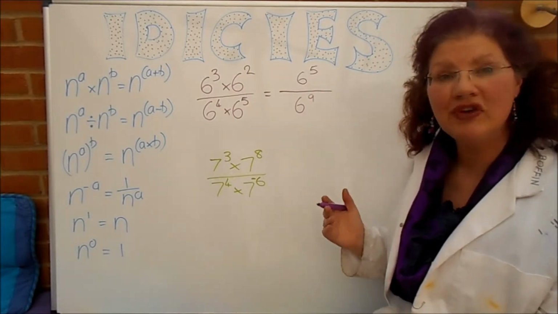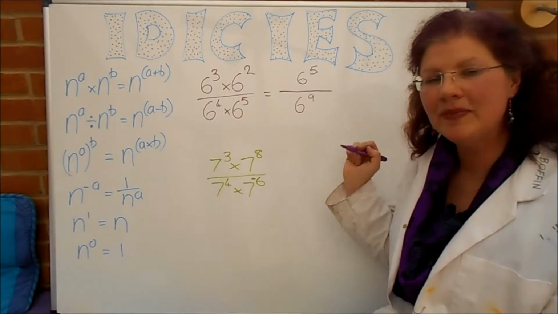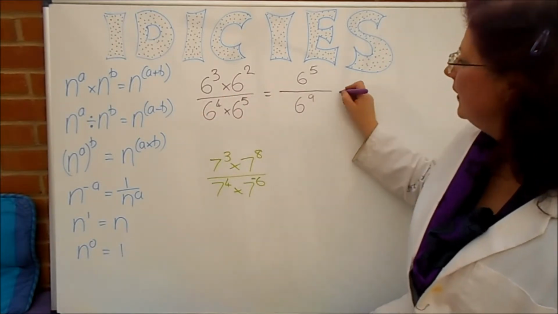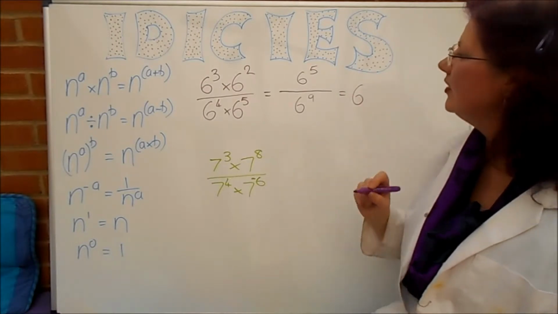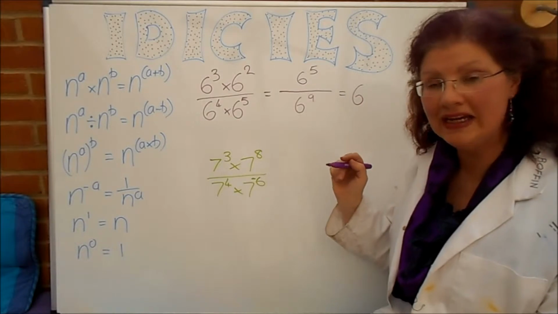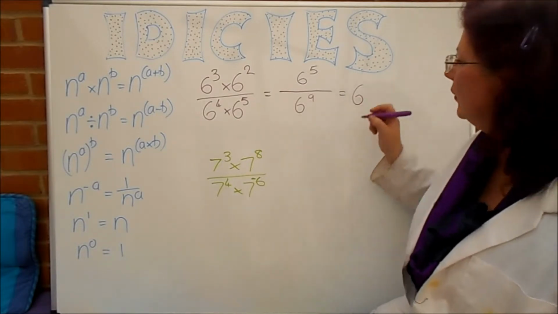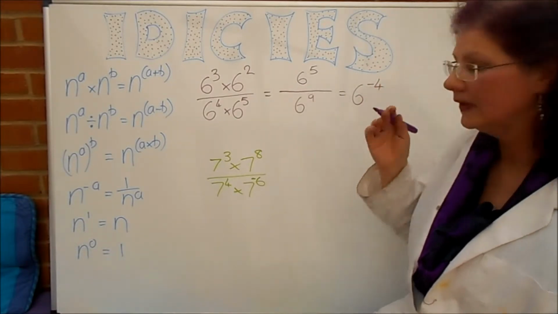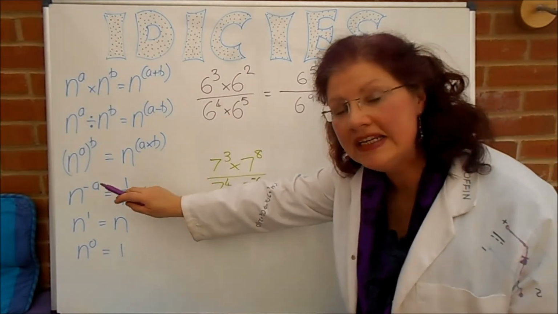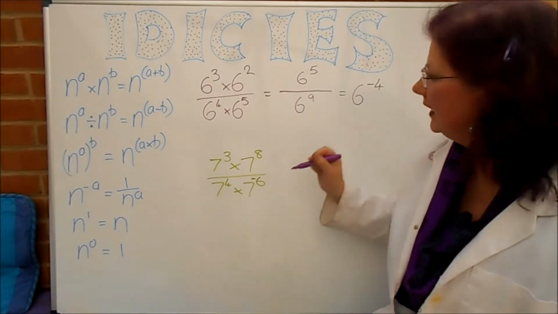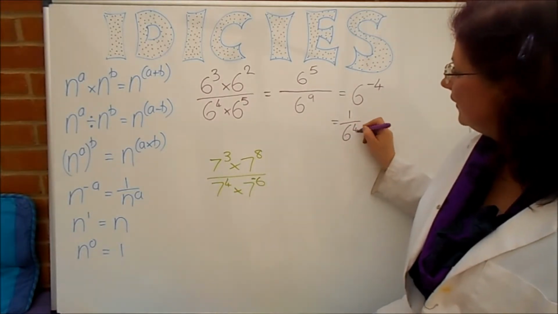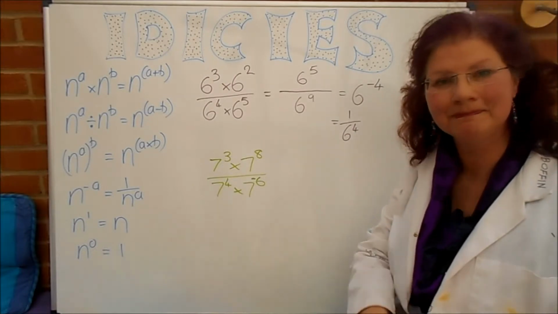So now we've got to divide. 6 to the power 5 divided by 6 to the power 9, which means we subtract the powers. That simplifies down to 6 to the power of the top take away the bottom, so 5 take away 9, negative 4. And just to simplify that a little bit more, we're going to apply this one, where negative powers are fractions. So that becomes 1 over 6 to the power of normal 4.